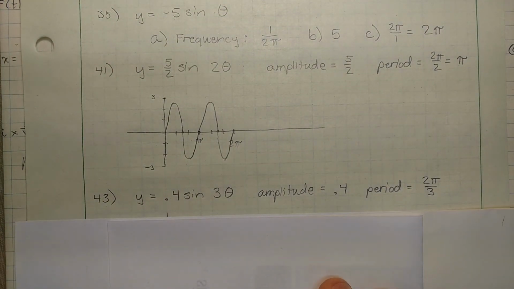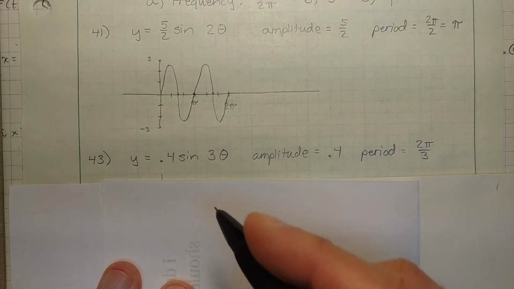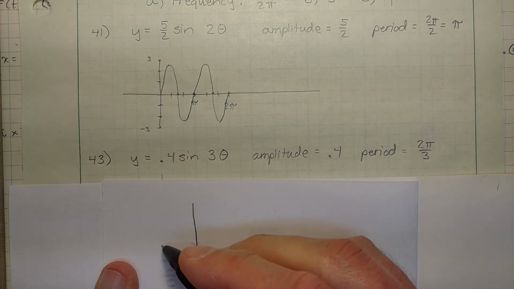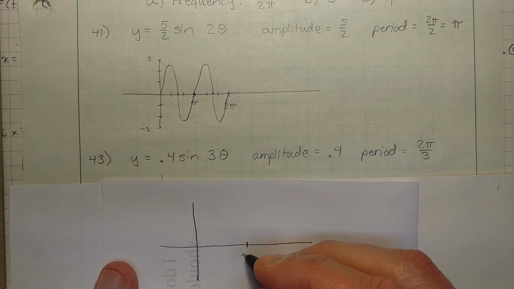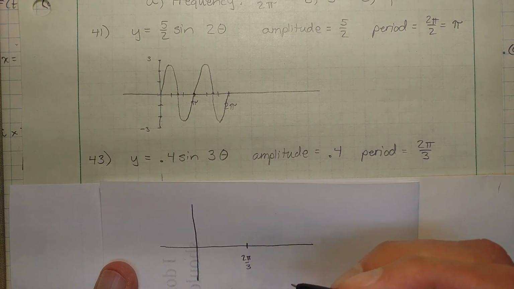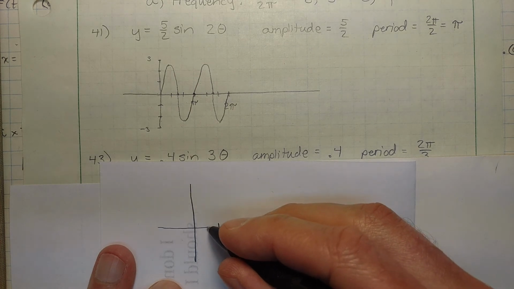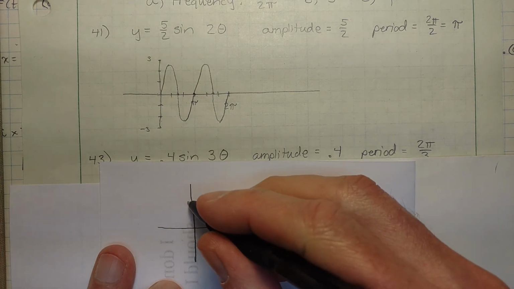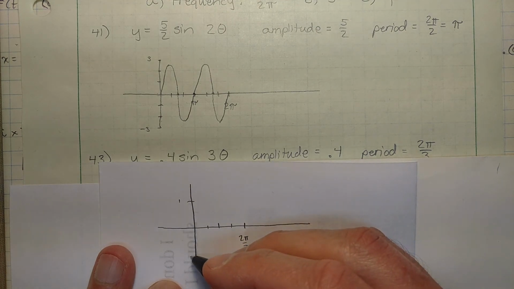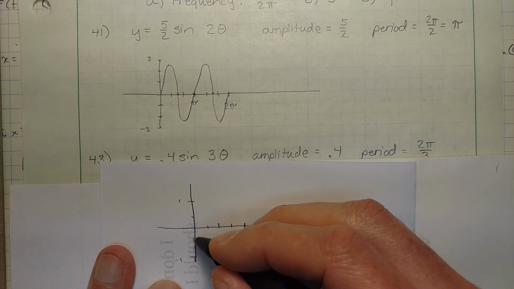So what I'm going to do is sketch, and I know that it makes a full cycle at 2 pi over 3. And then I'll just divide that up into 4 parts. And I know that in this case, if this is 1, and this is -1, at 2/5 is where it has its maximum and minimum.